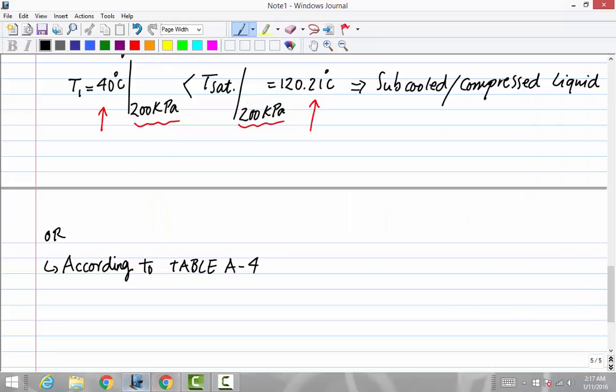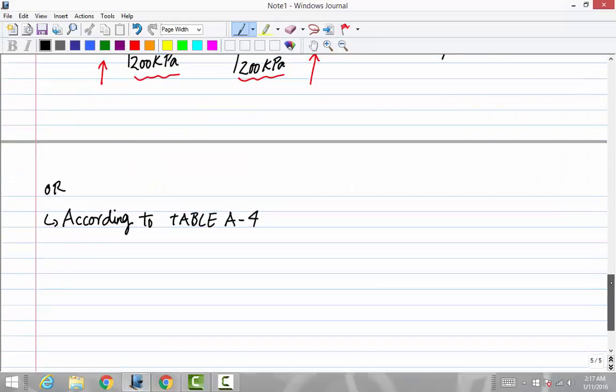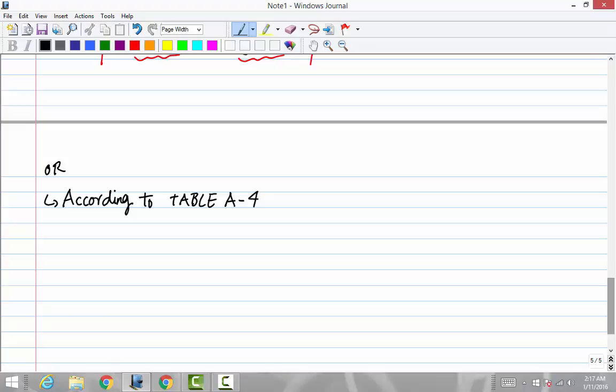So P1, which is 200 kPa at 40 degrees C, is much higher than the saturated pressure at the same temperature.